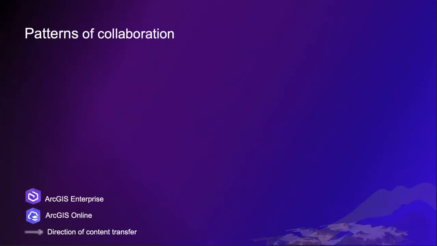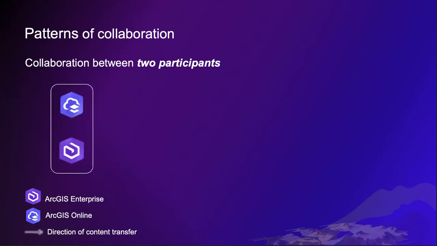Okay, let's look at some of the patterns of collaboration. We think of the definition. I'm not going to go through Webster's dictionary, but it's collaboration between two participants or more. Here's a good example of probably the most common collaboration that we see.